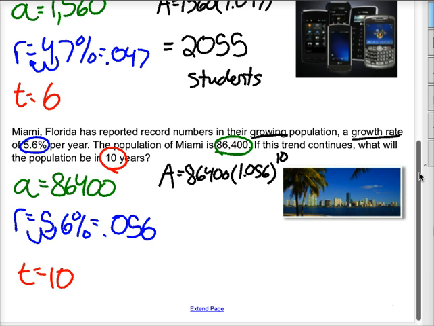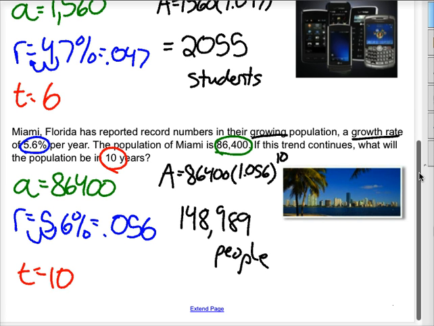So we're going to type that exactly into your calculator, and you're going to get the population to be 148,989 people. Again, rounding to the nearest whole number, because when you're dealing with populations, you don't want to deal with parts of people.